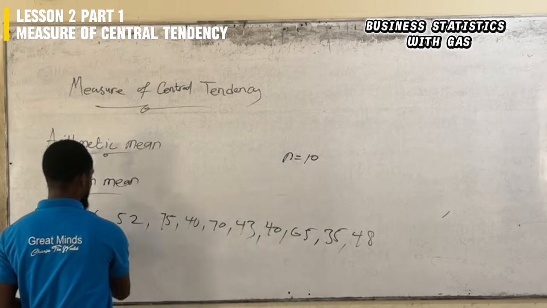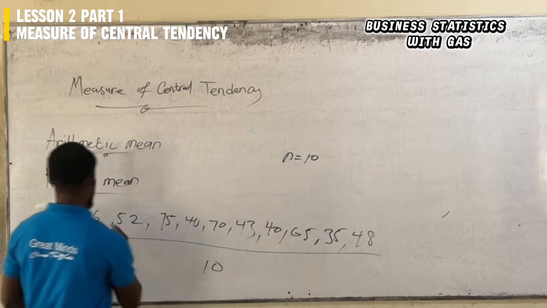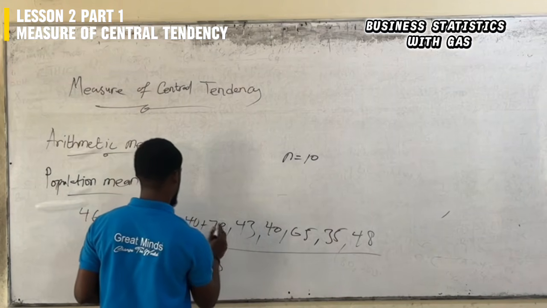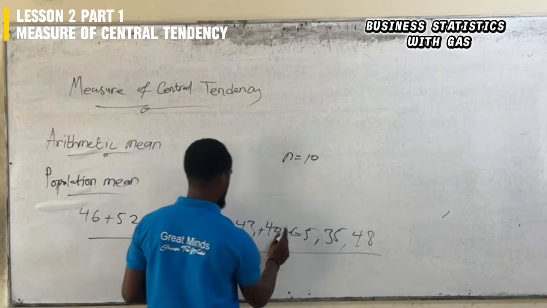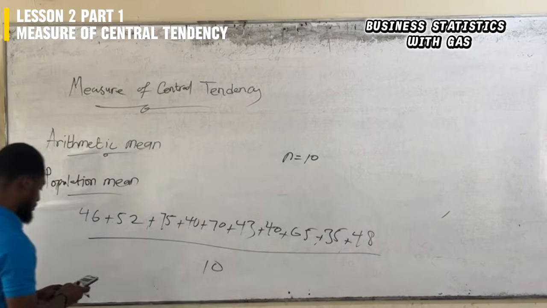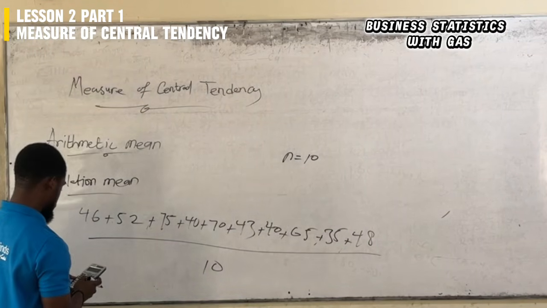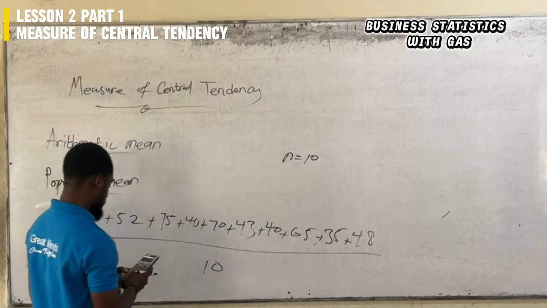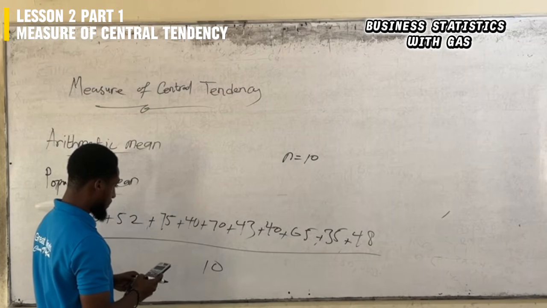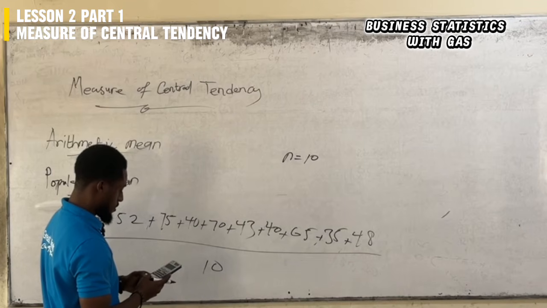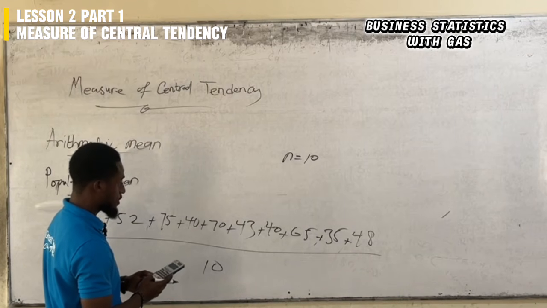So we will do our calculation here. So we have 46 plus 52 plus 75 plus 40 plus 70 plus 43 plus 40 plus 65 plus 35 and plus 48.